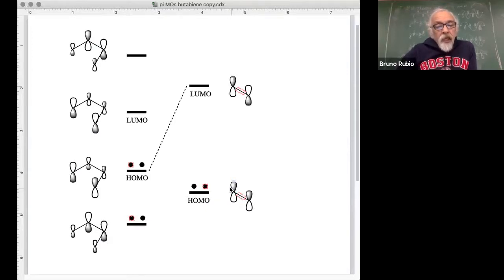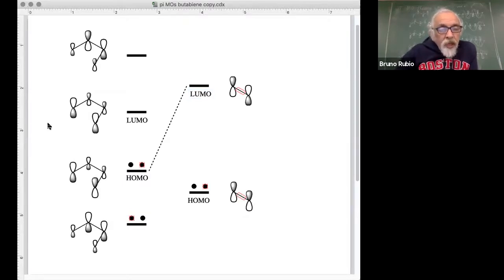And the Diels-Alder reaction and most reactions involve the interaction of a HOMO with a LUMO. For the normal electron demand Diels-Alder, the highest occupied molecular orbital of the diene is interacting with the lowest unoccupied molecular orbital of the dienophile.